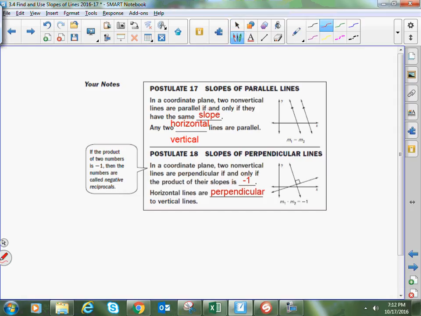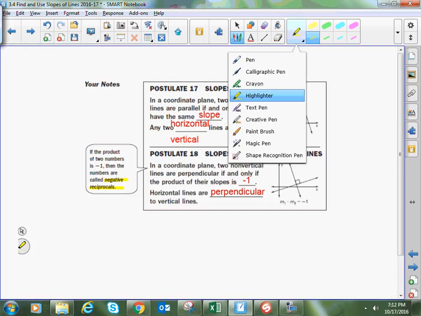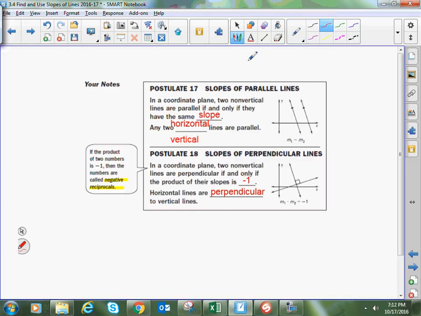Now here, what I want to point out to you just real quickly on the side, here where they're saying they're negative reciprocals, maybe your algebra teacher referred to them as negative reciprocals, maybe they refer to them as opposite reciprocals.